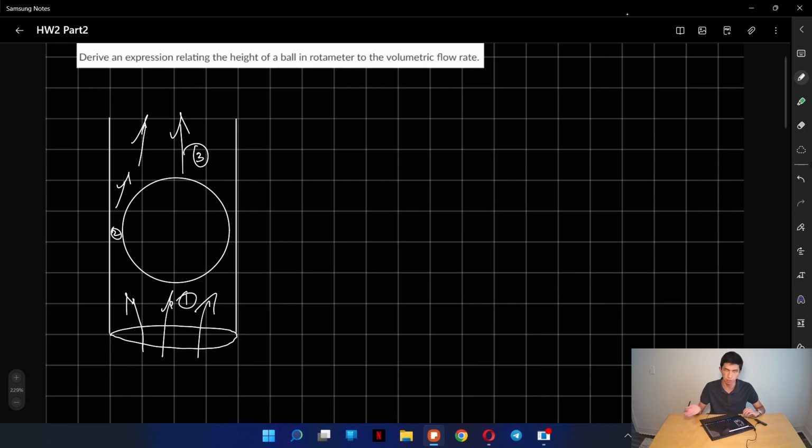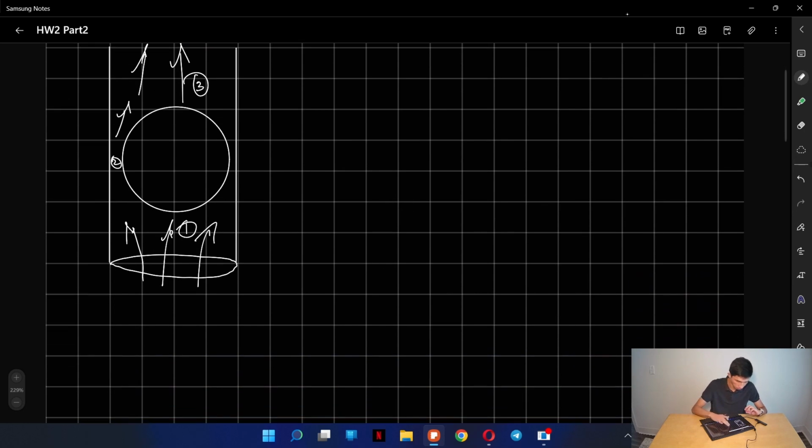So we can use the force balance idea to come up with the expression for height and volumetric flow rate. The forces acting on the ball are the weight, and the ball also has a buoyancy.